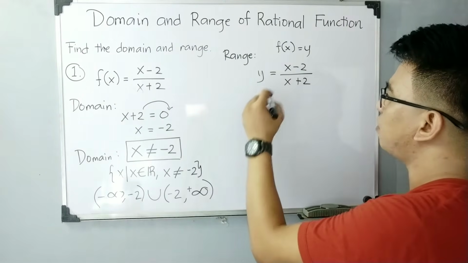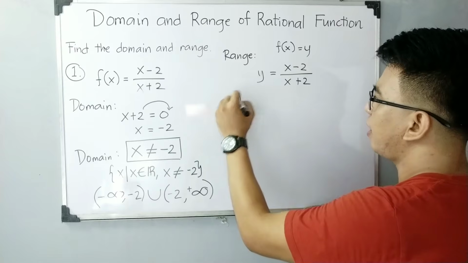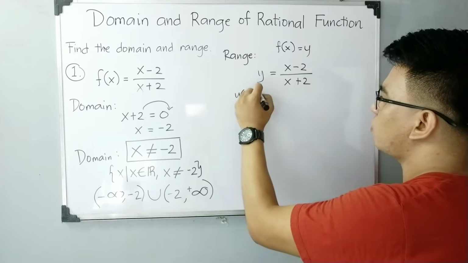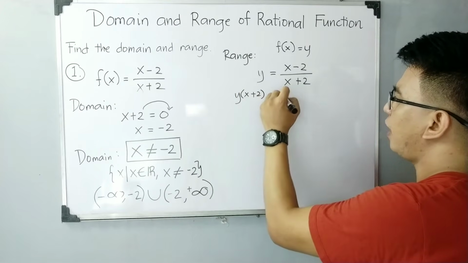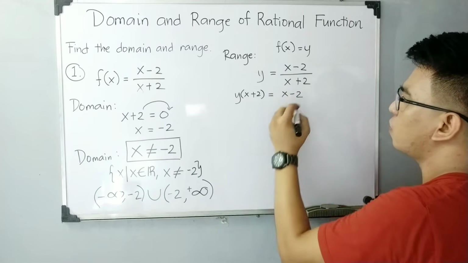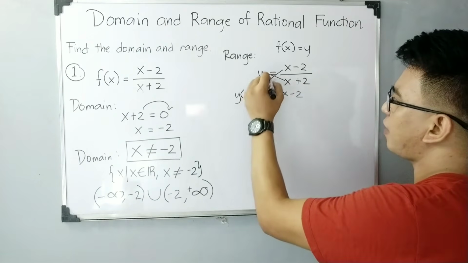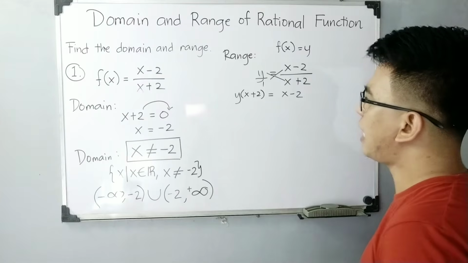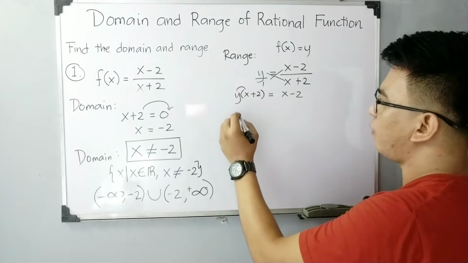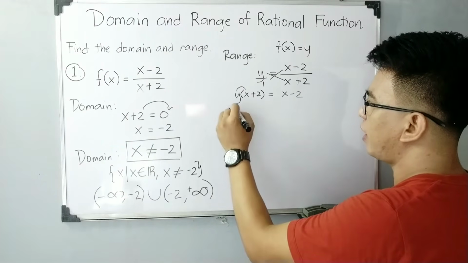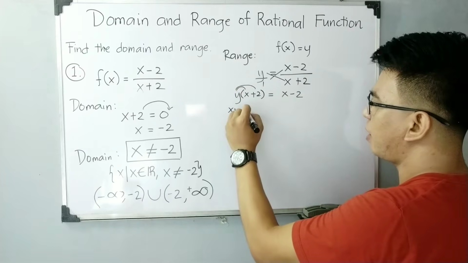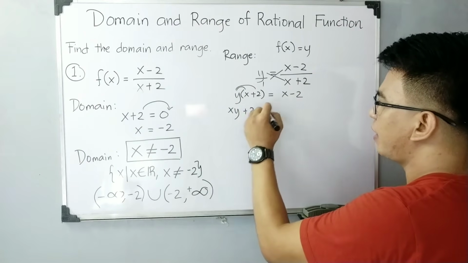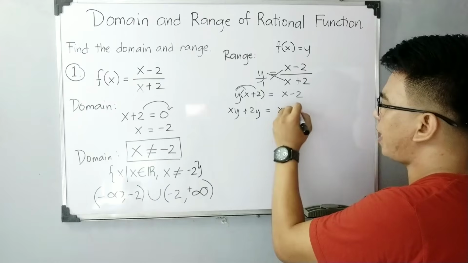And then we will cross multiply. You have y times x plus 2 is equal to x minus 2. Okay? We just cross multiplied, guys. We have here an invisible 1. Now, by distributive property, we can have it as xy plus 2y is equal to x minus 2.